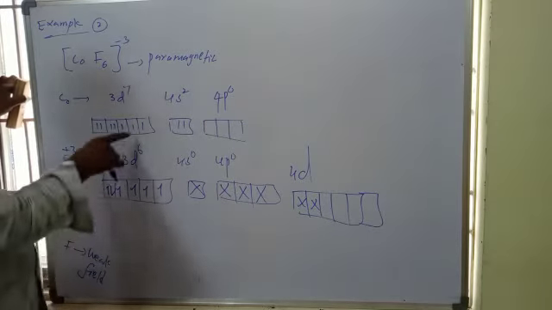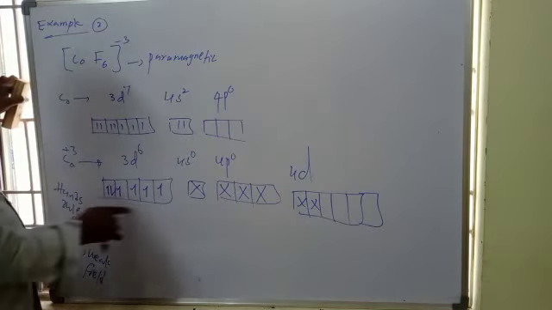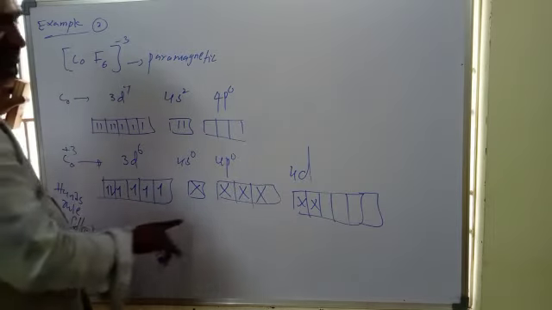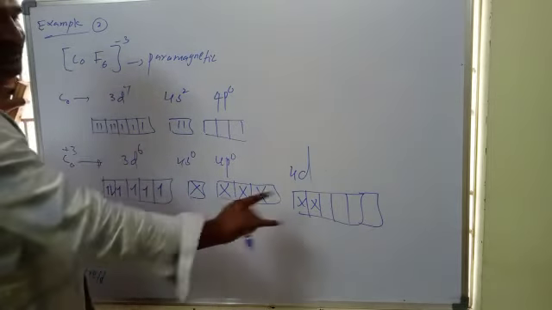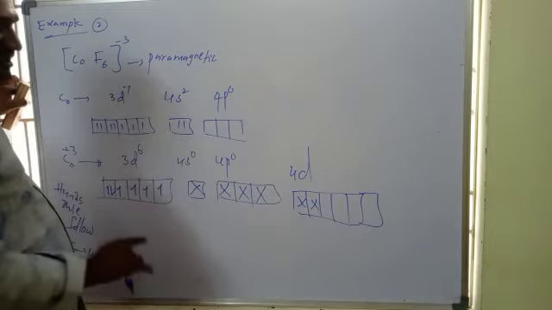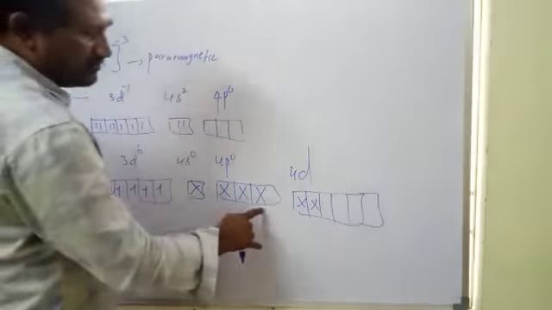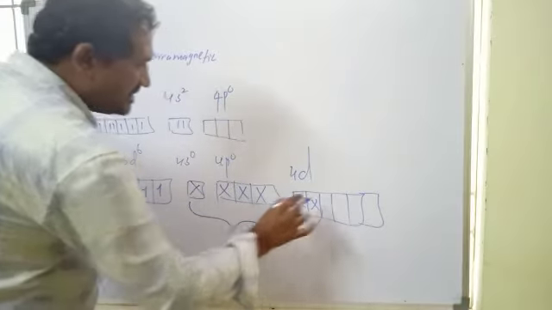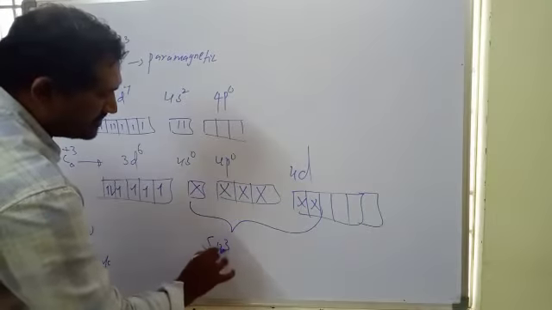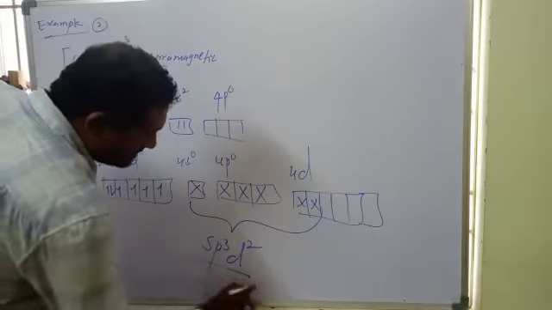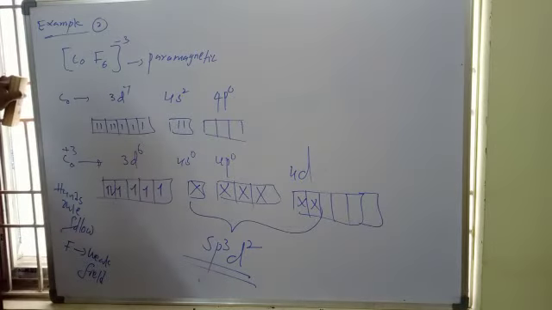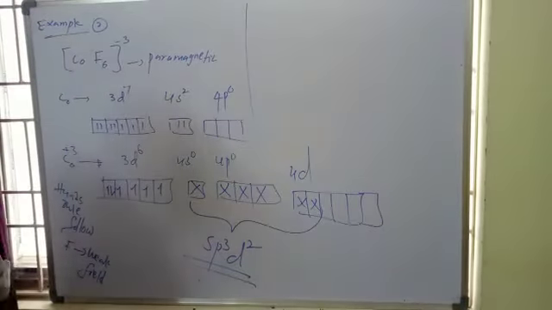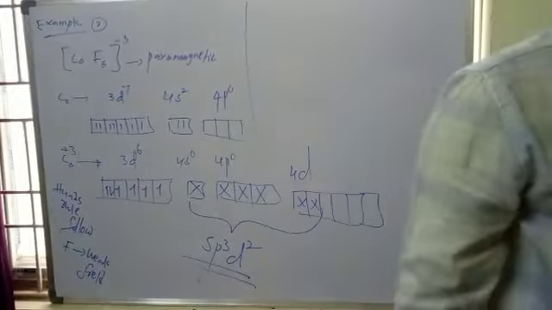But for this complex there is no vacant orbital in the 3d shell, so the 6 vacant orbitals required come from elsewhere: 1, 2, 3, 4, 5, 6. So the hybridization is sp3d2. Now we are going to discuss the properties.